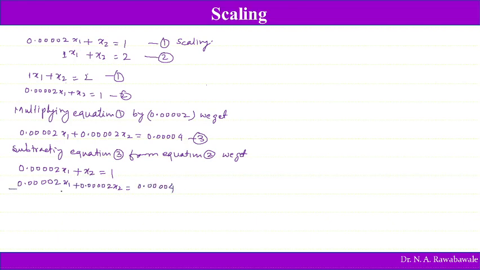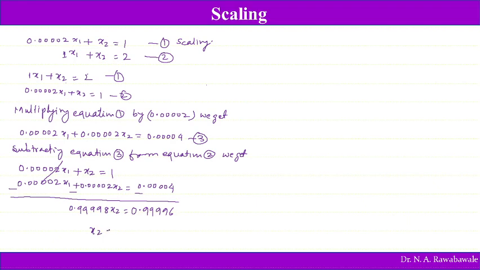So subtracting means minus minus minus, so the first term gets cancelled, and 1 minus 0.00002 is 0.99998 x2 is equal to 1 minus 0.00004, this is 0.99996.